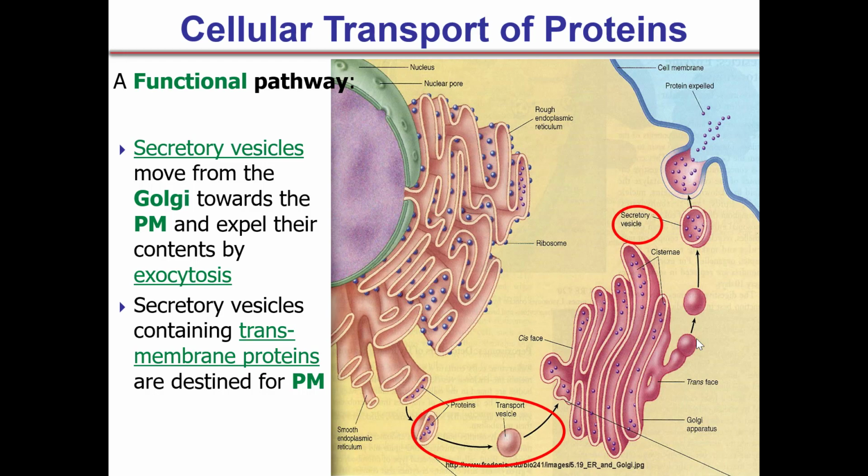So the ribosomes will start reading the RNA codons and translating the genetic message into amino acids. So we'll start stacking those Legos and making a tower, making the primary sequence of the proteins. And then down here at the bottom of this diagram, you see the arrows and the big red circle. Proteins are being transported in these little membrane-bound transport vesicles, kind of like a bleb on your lava lamp.